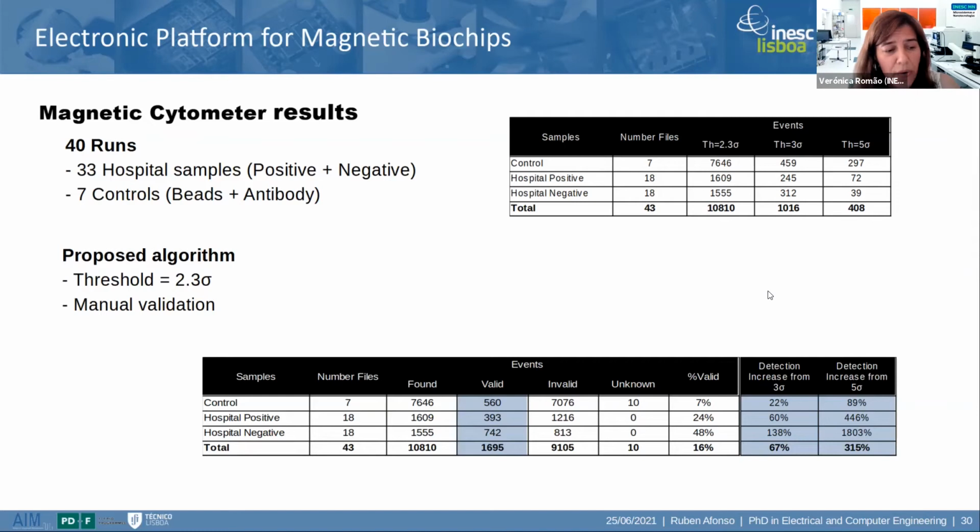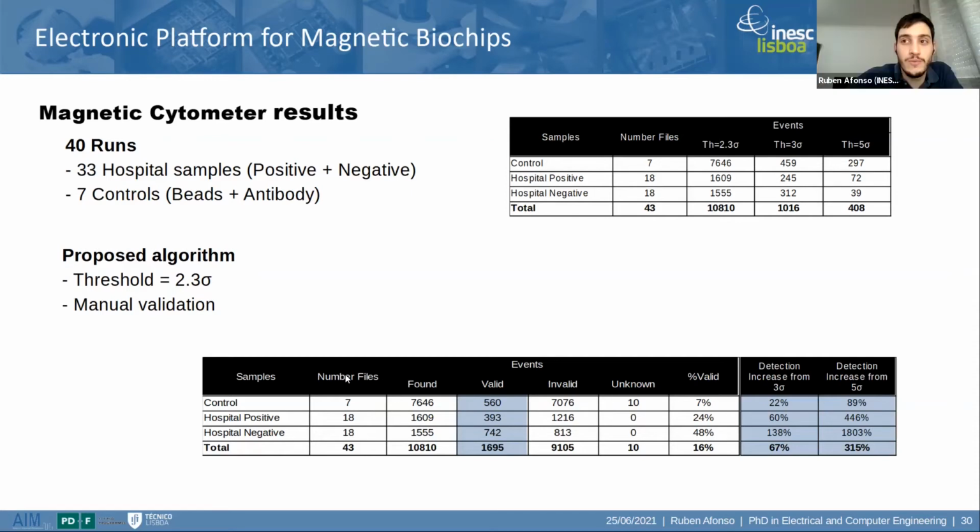Where I would like to go with this is that you start with the 2.3 sigma, about 10,000, and you extract about 1,000 peaks out of this 10,000. When you apply directly the 3 sigma, you don't need to manually validate it. No, because they are all correct. And you also end up more or less with the same number of peaks.